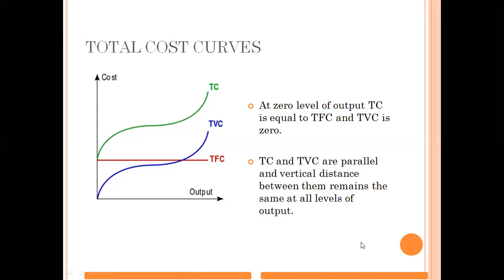So it starts from the origin and then makes the inverse S shape. Now, the sum total of TVC and TFC is always TC, which starts from the point where TFC starts, and then it has the same curve as in the case of the TVC curve.